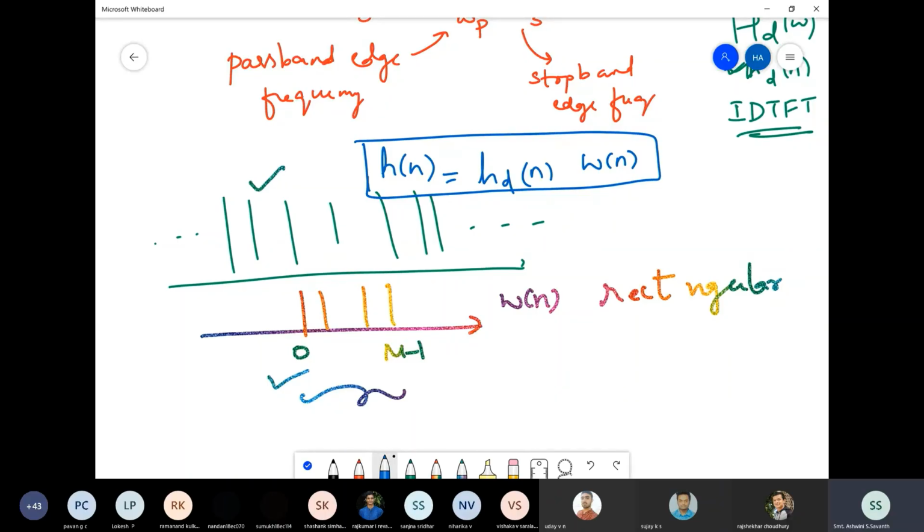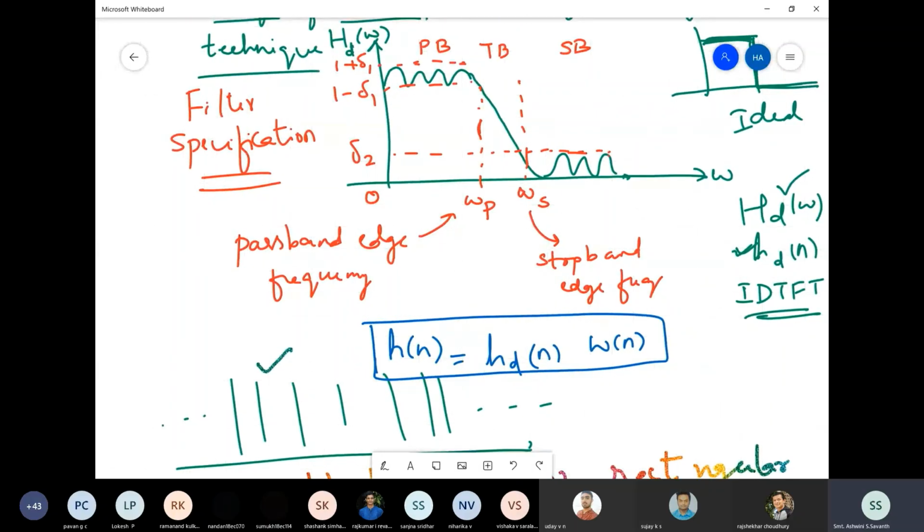So this causes ripples in the passband and stopband of the frequency response. This phenomenon that happens because of truncating the values is called the Gibbs phenomenon. It is one of the disadvantages, but it's one way of designing the FIR filter.